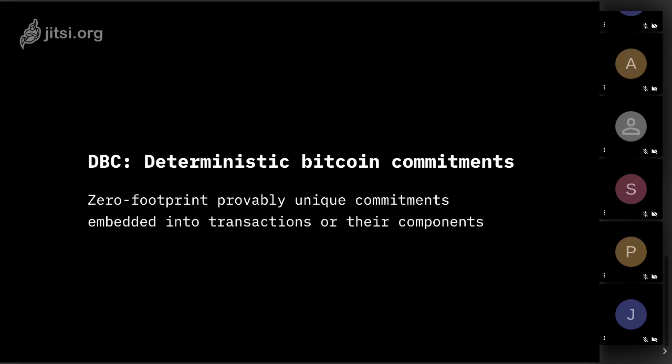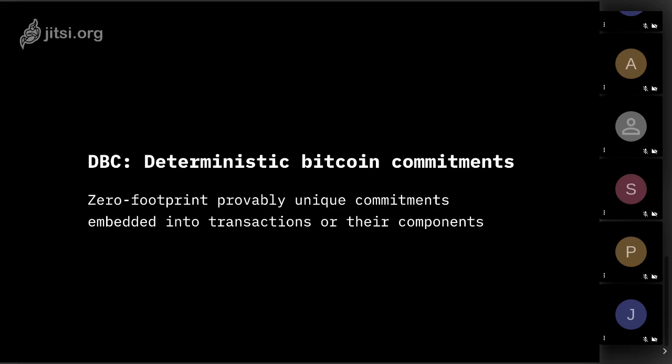And commitments means that no information can be extracted back without additional data, and it is impossible to know that there is a commitment until you get some proof of this commitment's existence.